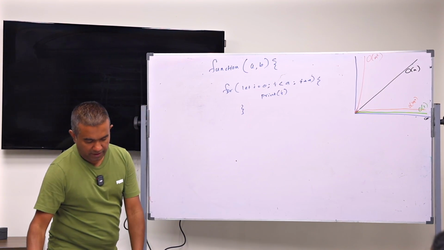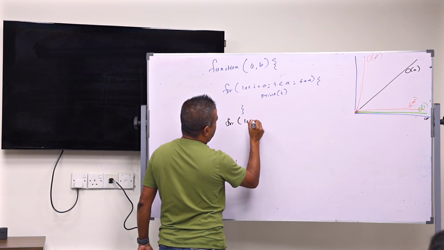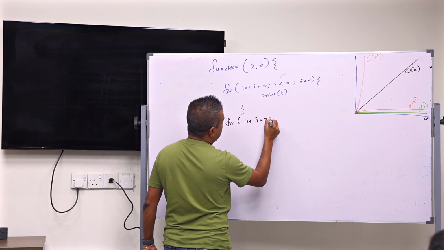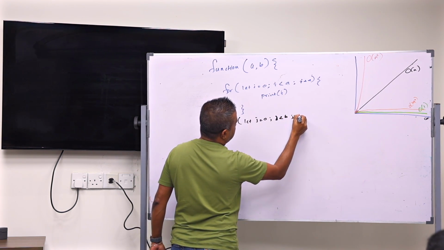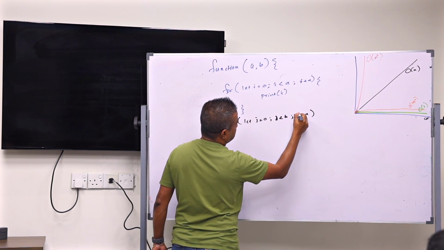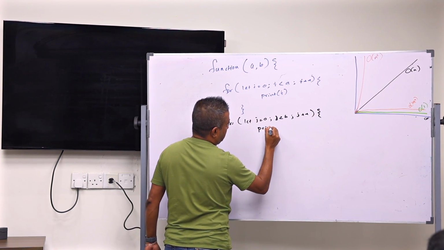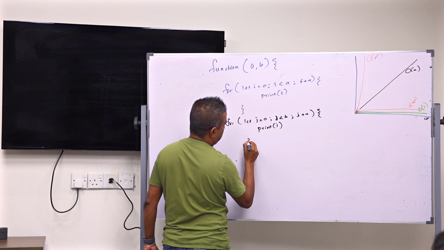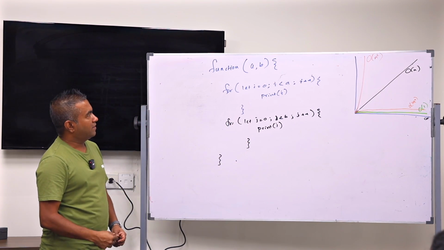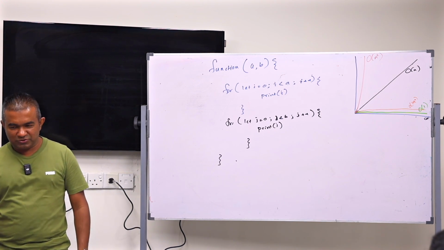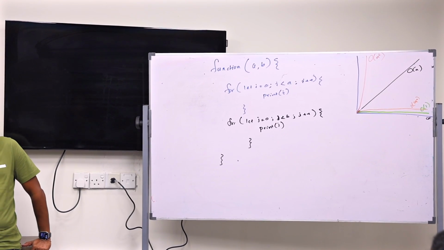And I have another for loop: let j equal 0, j less than B, j plus plus, print j. Now what you need to do is calculate the time complexity for this.